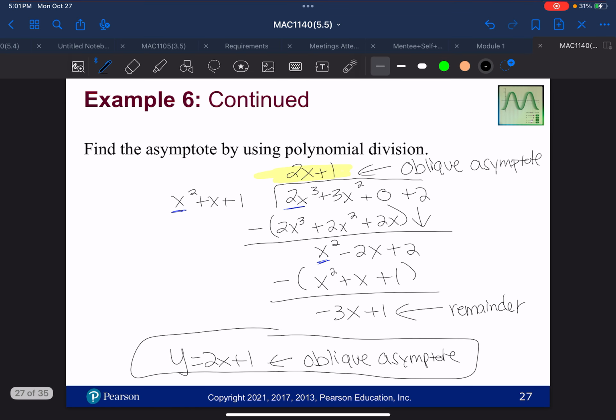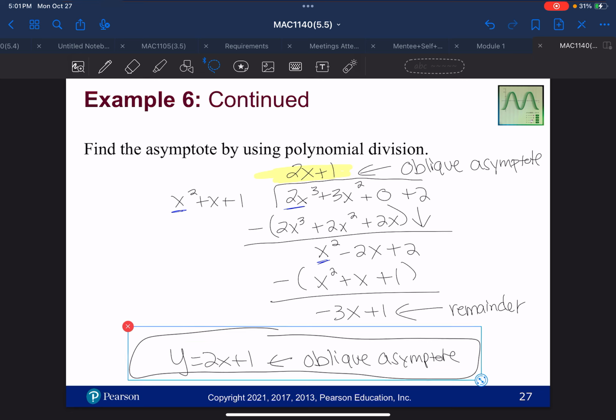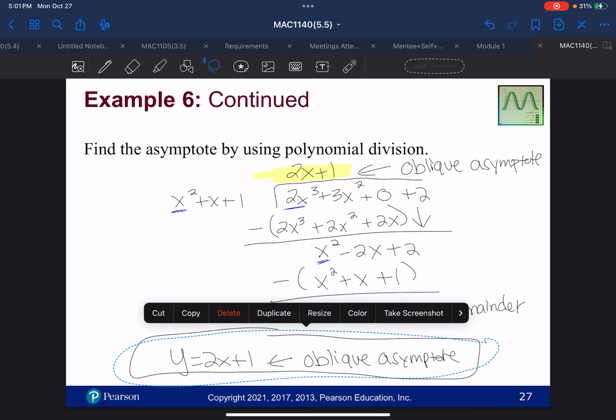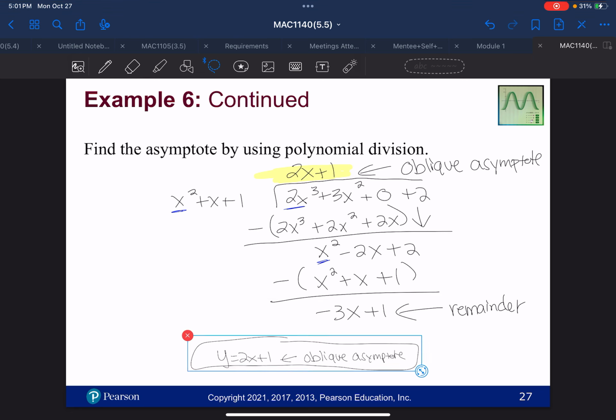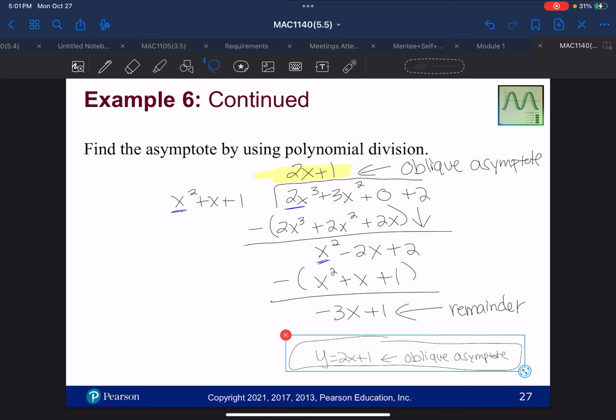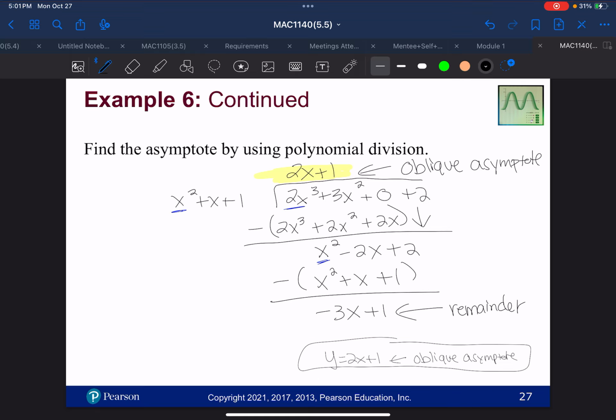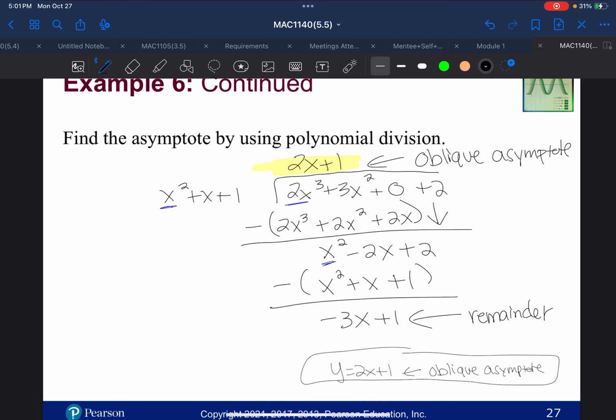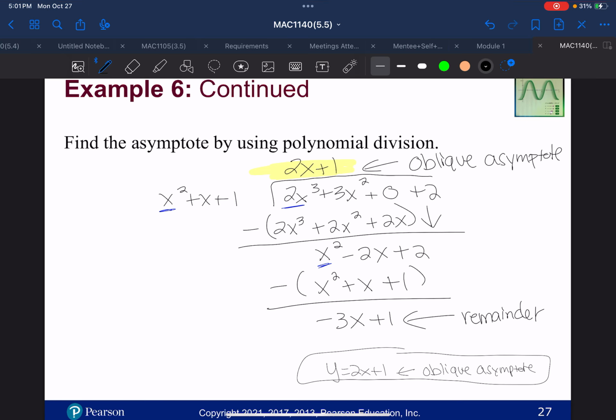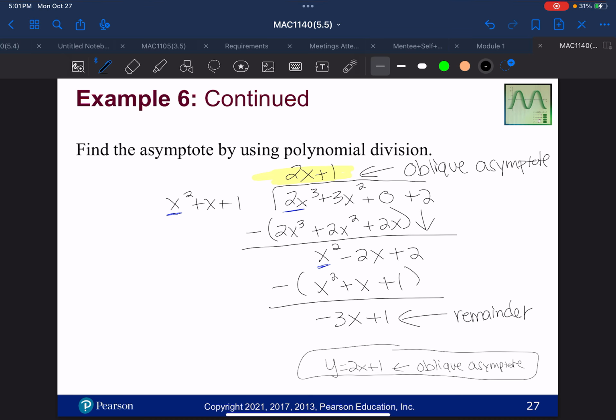If you remember, let me rewrite this. We can write this answer based on that division algorithm.